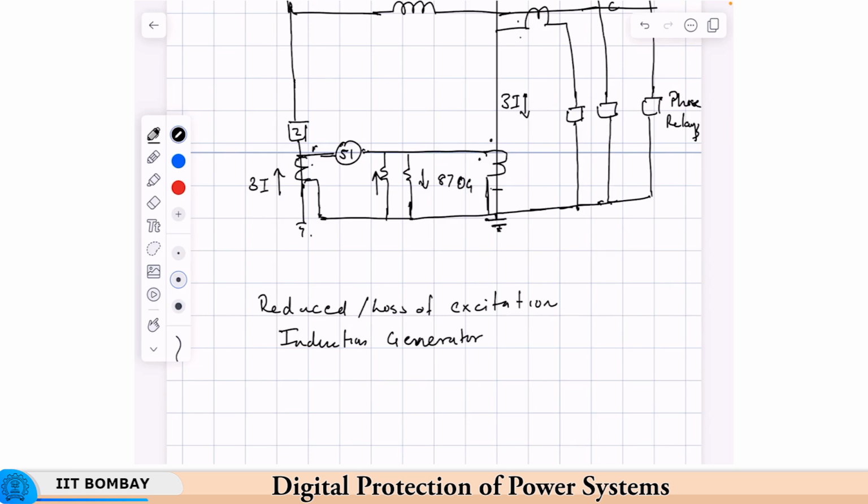But even if there is partial loss of excitation due to any reason, then the system will have to provide the reactive power to the generator. And the issue with most turbo generators is that the leading power factor capability is limited.